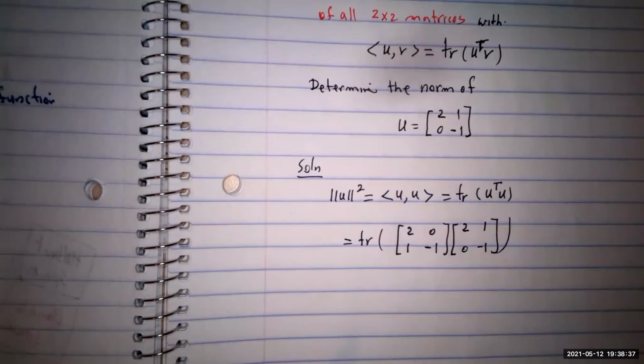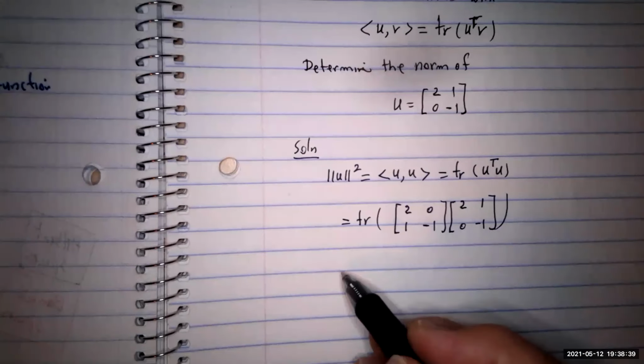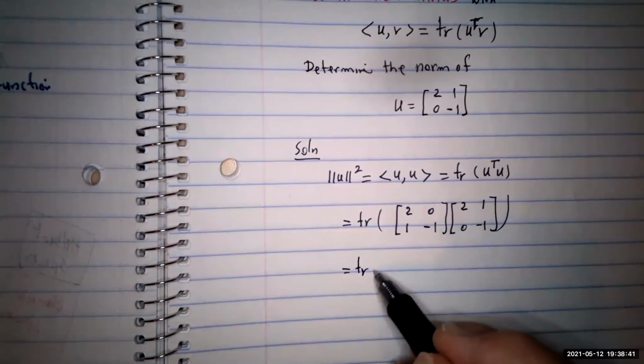Get the transpose of U times U, and you multiply to get the trace.